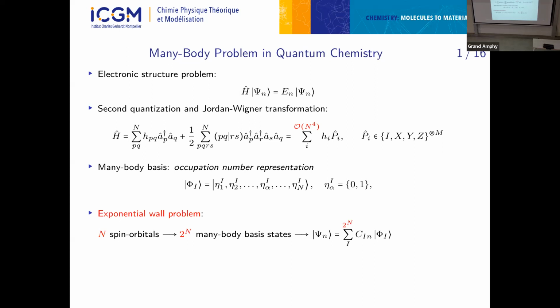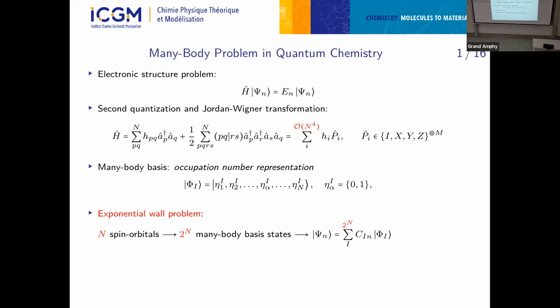But if you don't have a quantum computer, if you want to solve this problem, you have to express it in a many-body basis. And this many-body basis, if you represent it with the occupation number representation, you can write it this way. So this will be a Slater determinant, and you have the occupation of each spin orbital of your system, which can be 0 or 1.